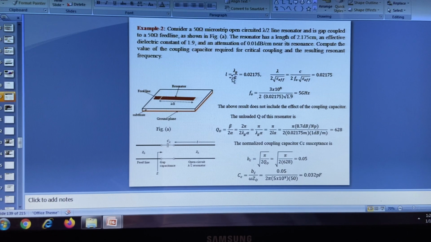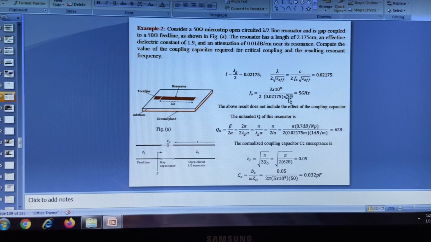The length is given, 0.02175 meter. So lambda g by 2 is equal to L, equal to 0.02175. From this we can get the resonant frequency, which is equal to 5 gigahertz.